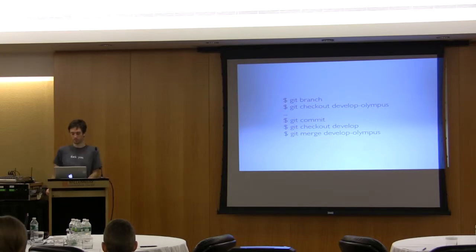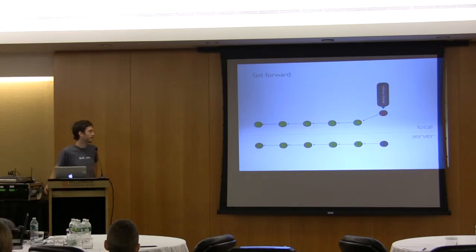What does it mean? Let's assume we have this line of commits on the local machine and on the server. And you will notice that the blue commit on the server does not exist on the local machine. So what happens if you try to push this change set?